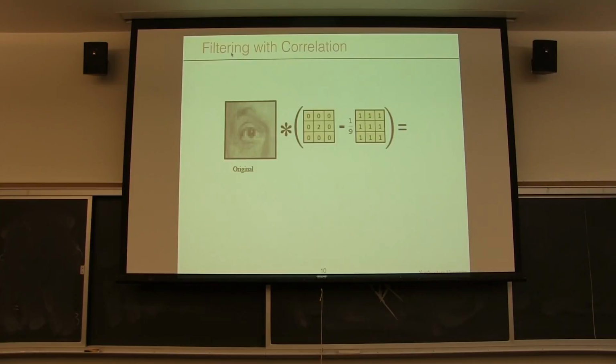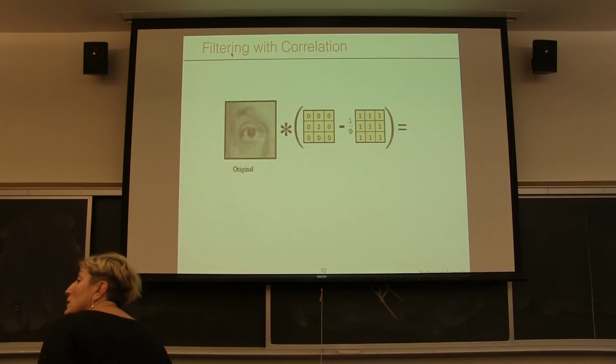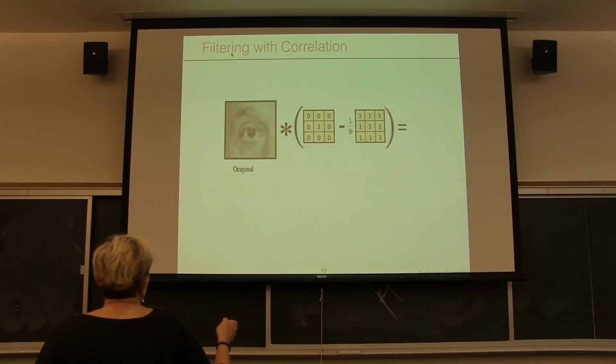What if I do something like this? A low-pass filter. Low-pass filter or high-pass filter? Why do you say it's a low-pass filter? Because it's averaging, this portion here, right?